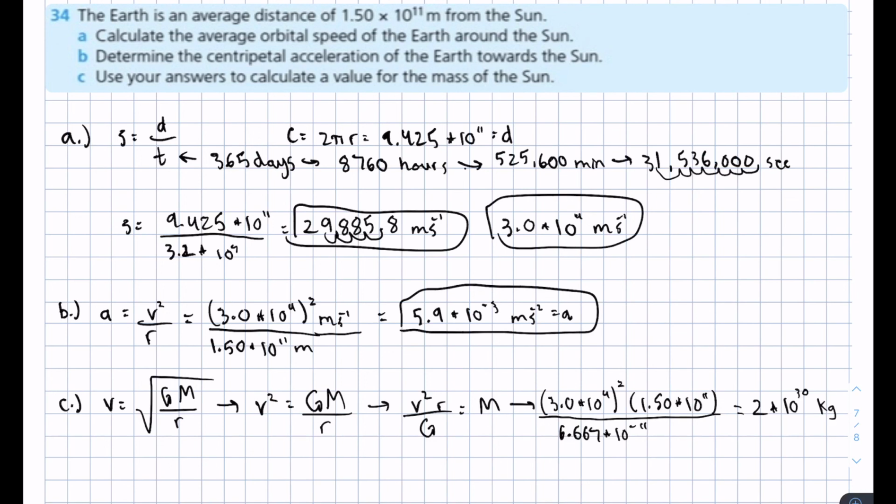So the mass of the Sun is going to be 2 times 10 to the power of 30 kilograms.